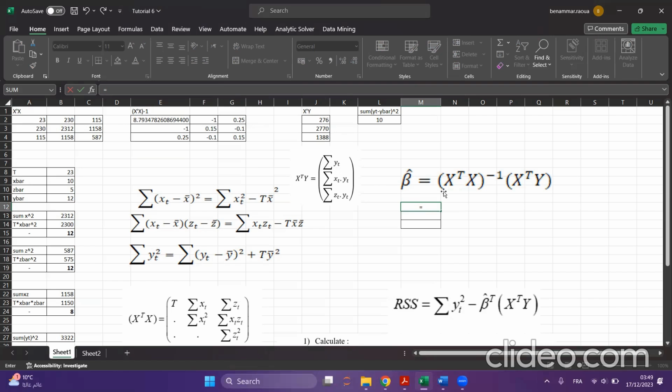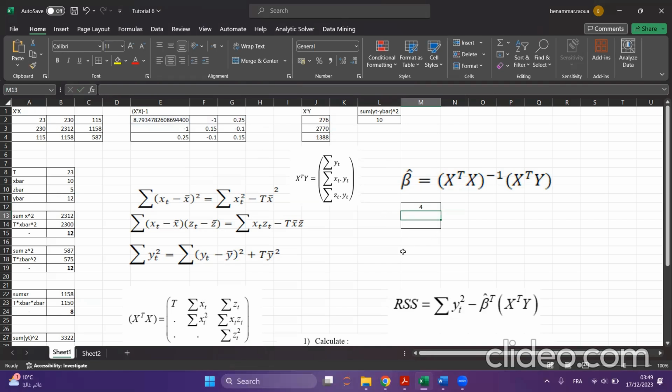So the first, beta 0, is equal to the first element by the first element in the second matrix plus minus 1 times the second element plus 0.25 times the third.